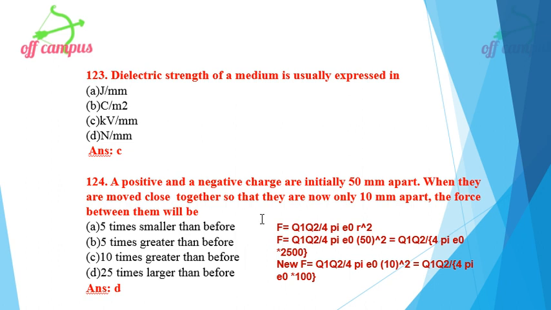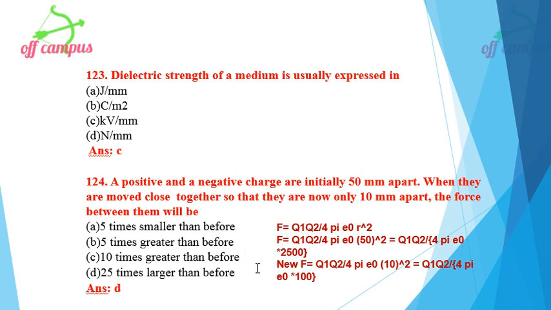First of all, we know the formula for force: q1 q2 divided by 4 pi epsilon naught into r squared. These are not given, so take them as a constant. F1 equals q1 q2 divided by 4 pi epsilon naught into 50 squared, where 50 squared is 2500.